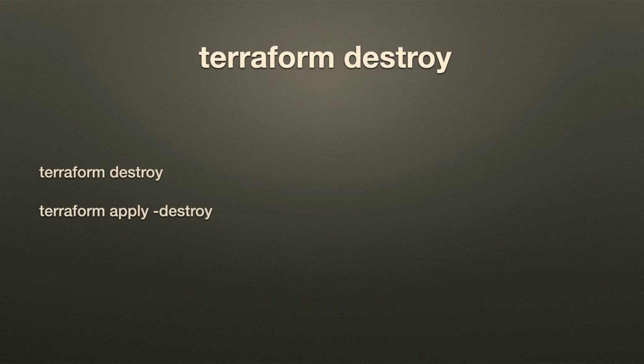That's the only difference. Similarly, if you want to simulate destroying it, but you don't want to actually destroy it, you run Terraform plan -destroy. And it will tell you what changes are made. Pretty sure you can also add an output file so that you have a file for this output, but I didn't actually test that.